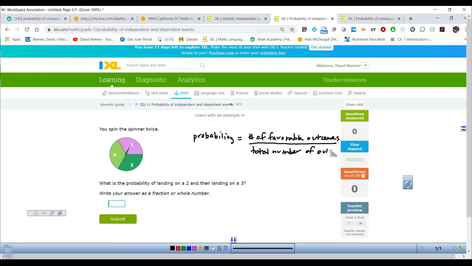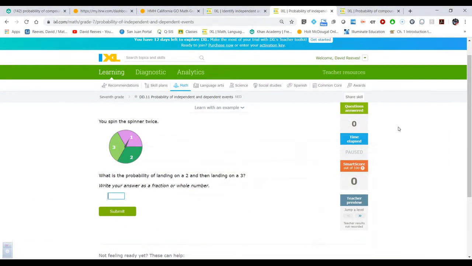Right? In other words, what we want to get over the total things we could get. In simple probability, we just have one event, but in compound probability, we're now looking at two or more events. All right, so let's take a look then at this first problem.